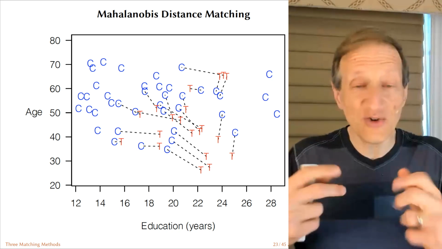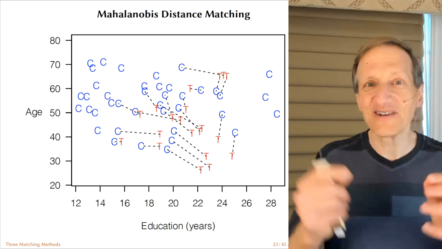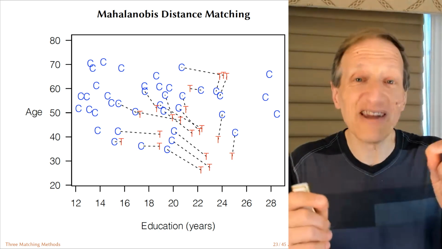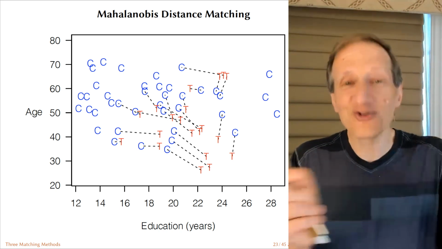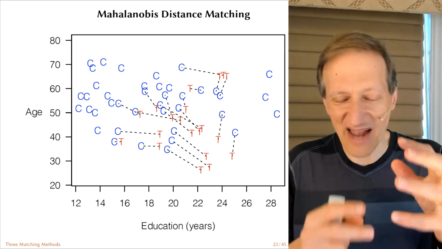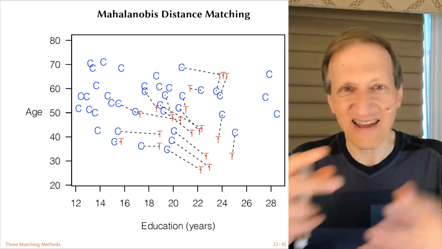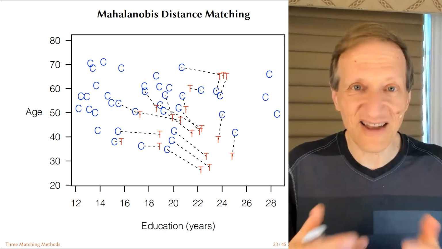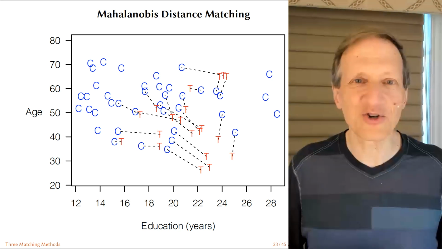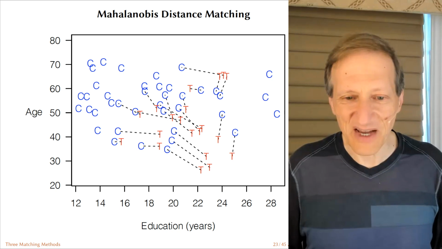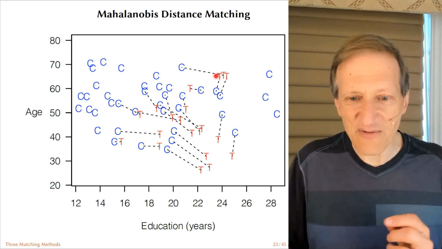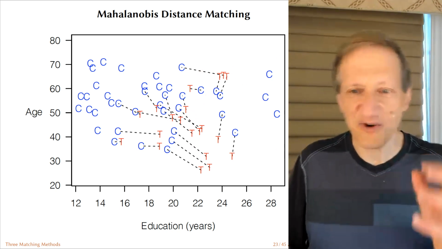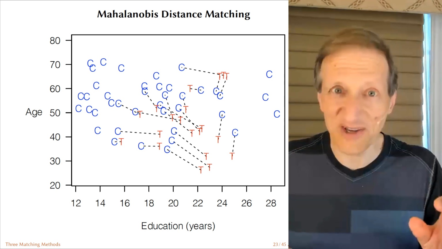And it turns out you can optimize, right? You can come up with one set of matches and then do another set of matches and then choose the set of matches in all the orders that turn out best. It's not a big difference, but that's one of the areas of research in matching. In any event, we now have the closest match for each treated unit. Again, that doesn't matter for the argument today.